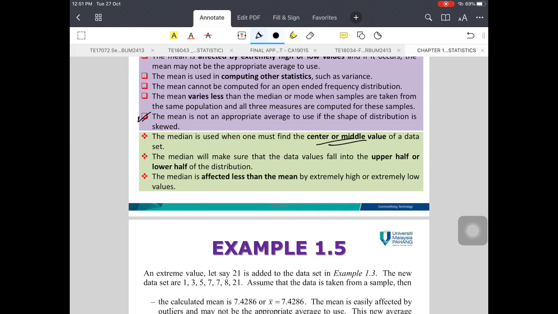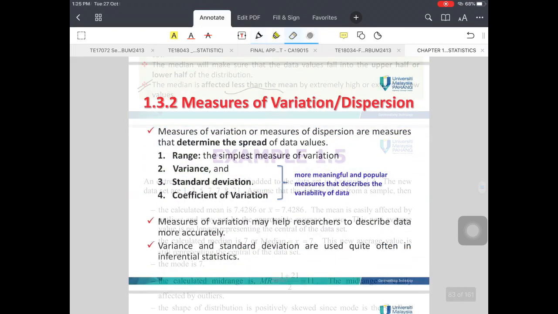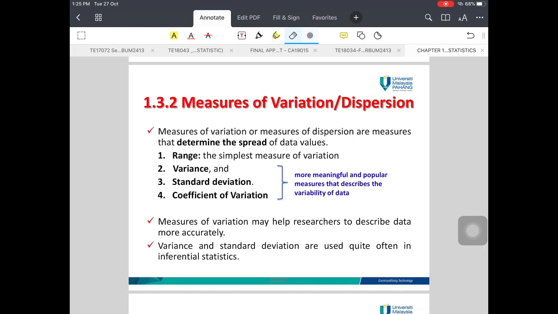The median is affected less than the mean by extremely high or extremely low values. So this is the goodness of the median compared to mean, less affected by outliers.